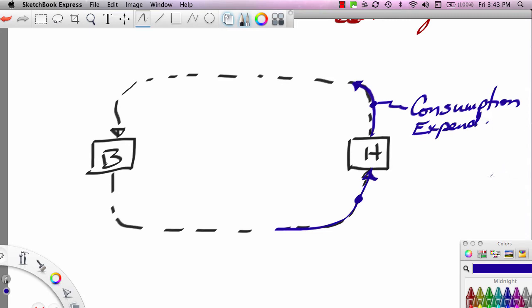Now, in the simple circular flow, it's just called expenditures, but now we add a descriptor to it. We call it consumption expenditures. Why? Well, there's going to be more than one type of expenditure. There's going to be more than one type of spending. If you only have one type of bird, you're going to call that animal a bird.